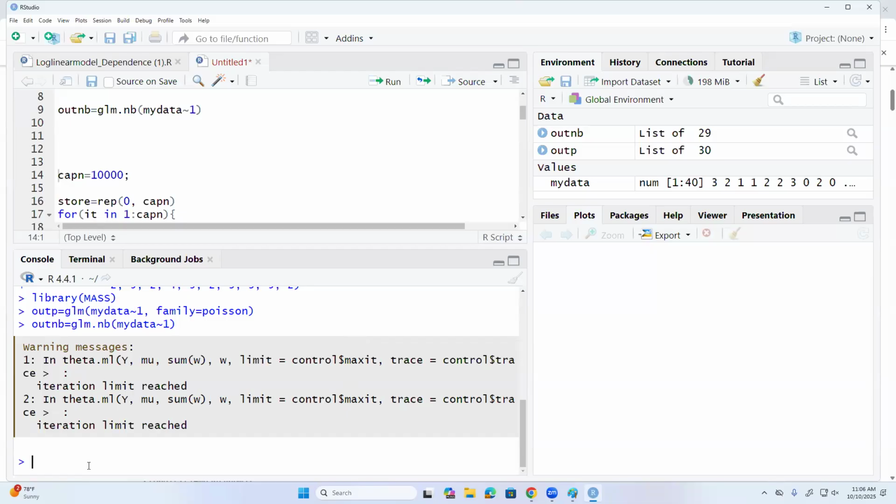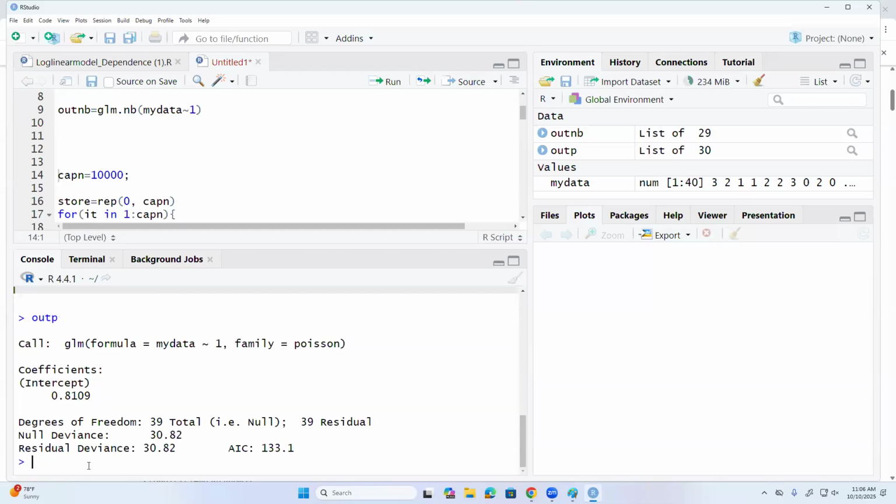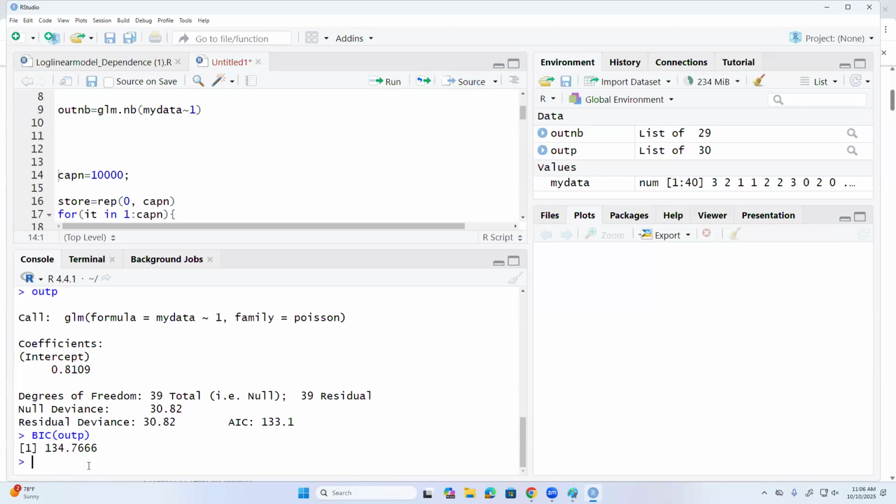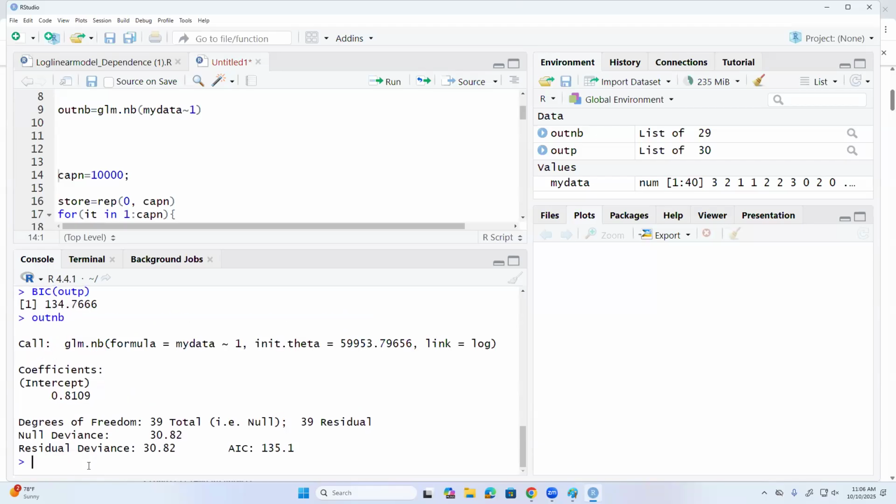So anyhow, let's look at the output. It gives you the AIC value, right? And we can calculate BIC also. It calculates the BIC value. And for negative binomial, although there are some convergence issues, it gave you the result. It gave you the AIC value.